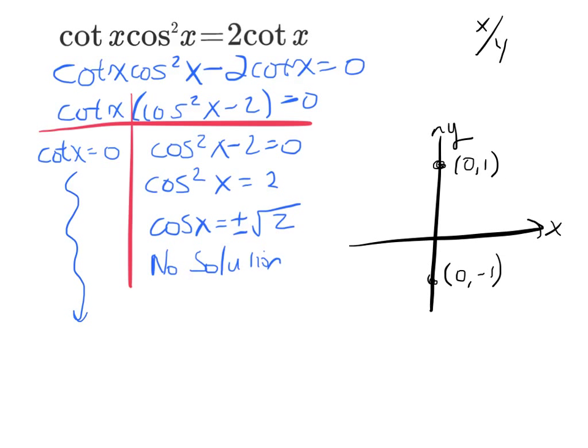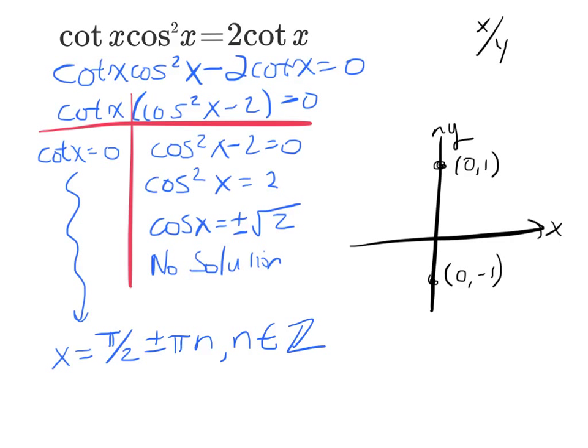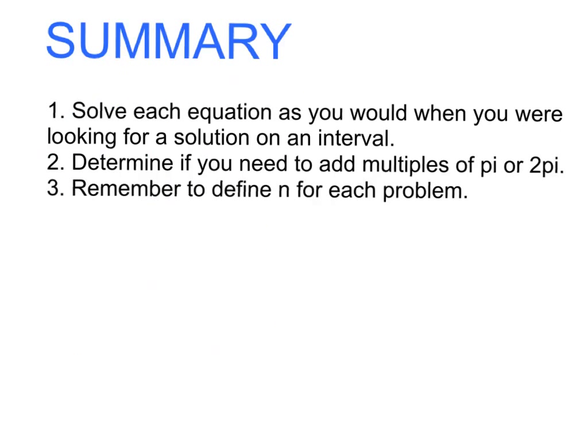Now x can be pi over 2, and we can say plus 2 pi n, except in this case if we add pi, we get to 3 pi over 2. If we add another pi, we're back to where we started. So we only need multiples of pi for this. And there's our solution.